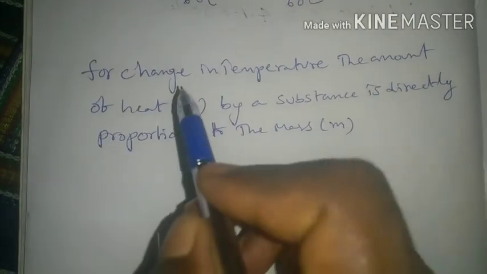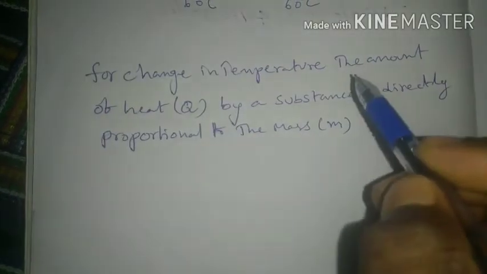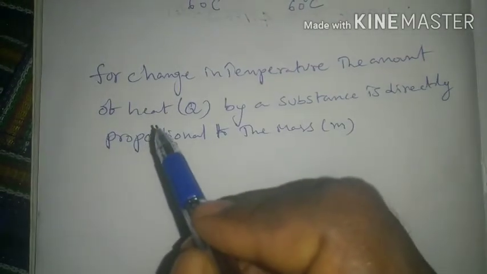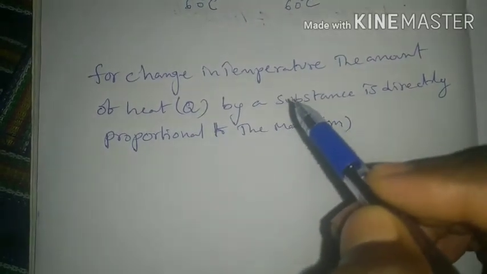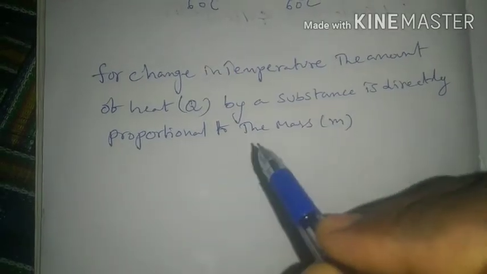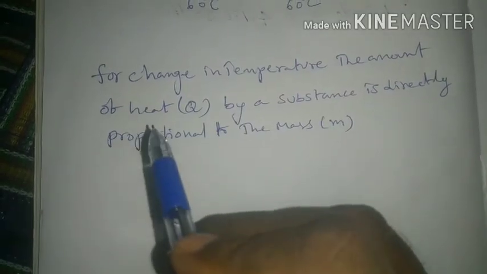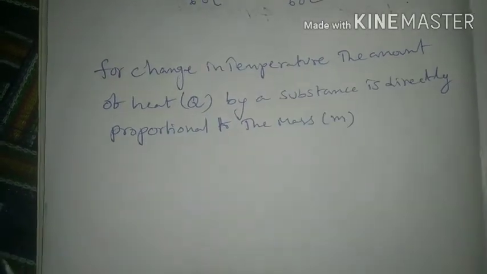For a change in temperature, the amount of heat Q absorbed by a substance is directly proportional to the mass. The amount of heat is directly proportional to the mass.